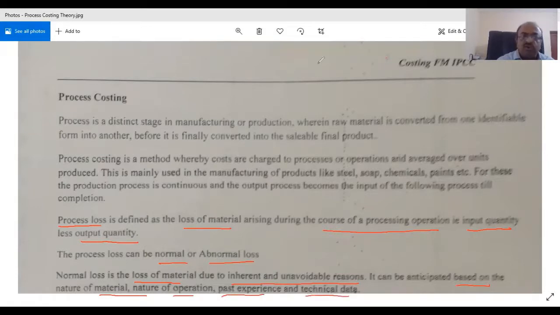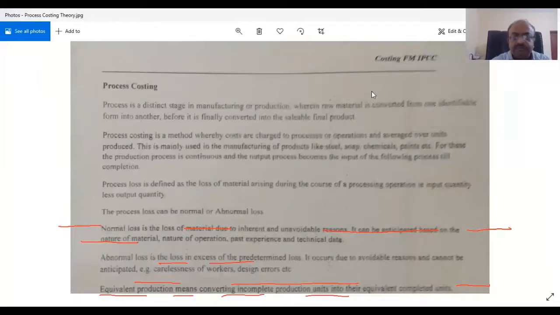So that is normal. Most of the time there can be normal loss, but something beyond normal is what we need to look at. That is called abnormal.